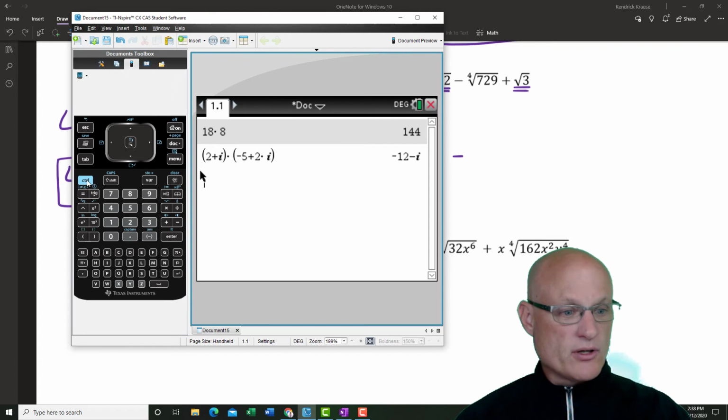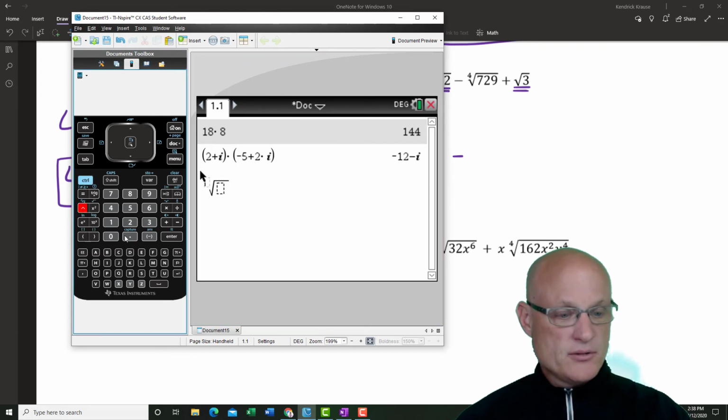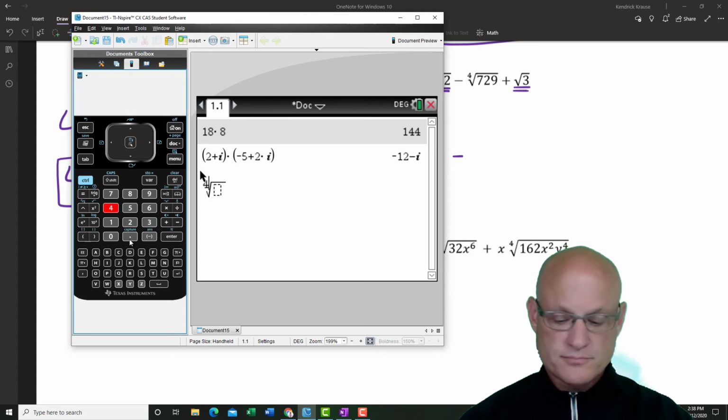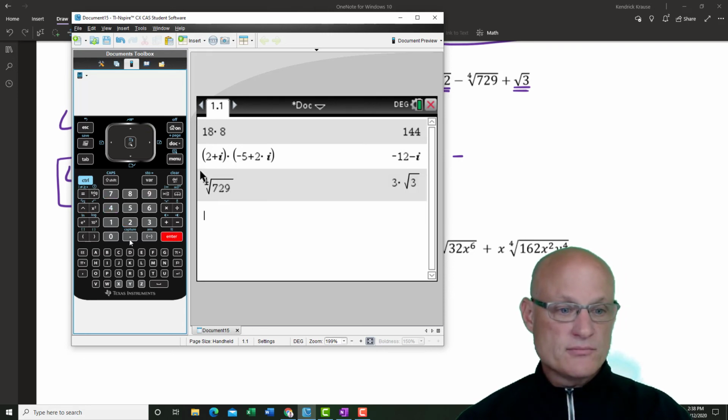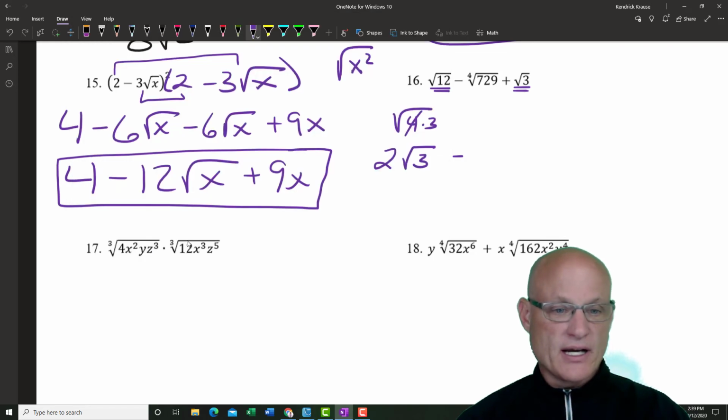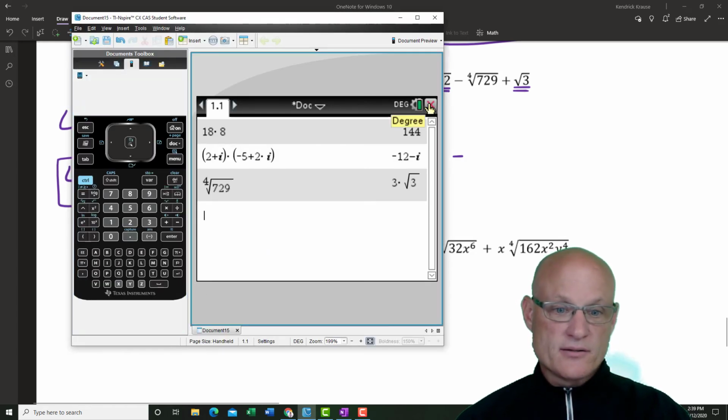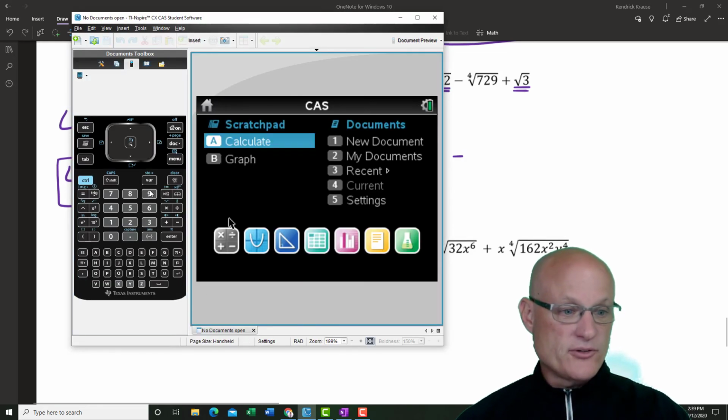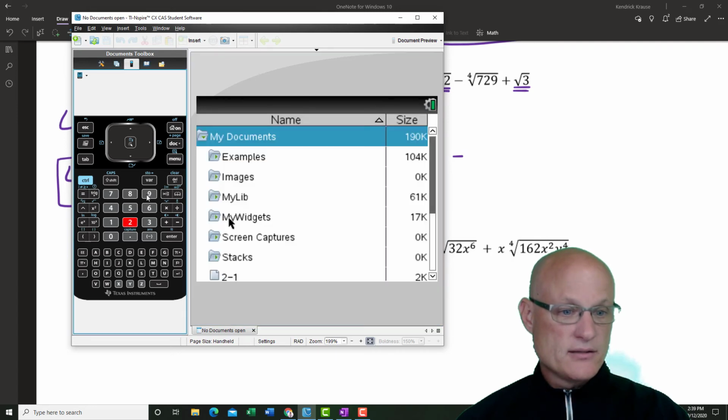By the way, just in case you're wondering, control caret button, put a 4 there, and then 729 is just, oh, I'm looking for a perfect fourth that goes into 729, and that ain't it. This calculator does everything for you. So let's do 729. Ooh, what had happened?